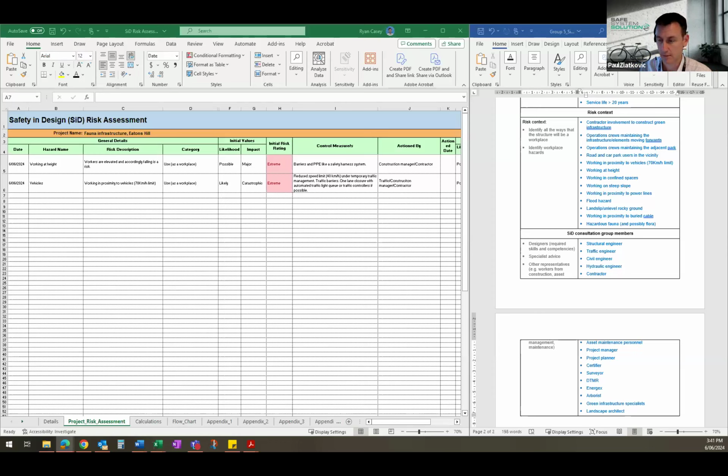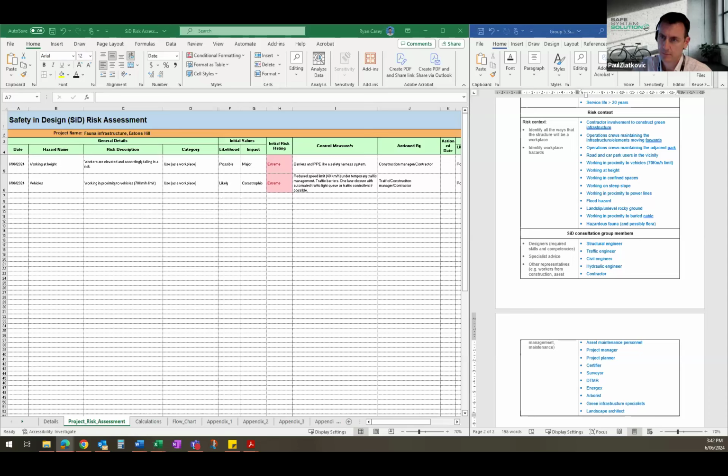So yeah, it's very extensive, and your listing of safety and design consultation group members is also good there, including TMR, as it's a TMR state controlled road. It's a good idea, and also some thought given to some of the other adjacent uses.